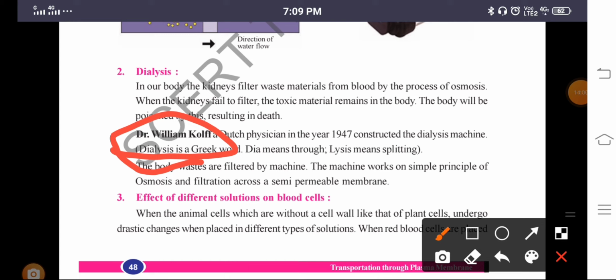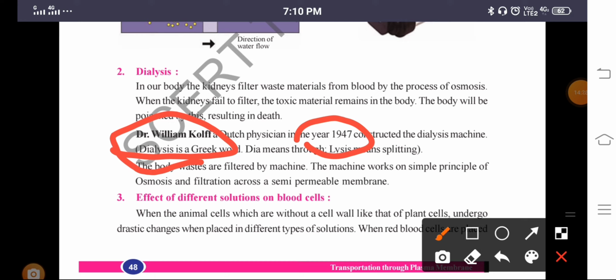He was a physician, and he conducted the dialysis machine in 1947. Dialysis is a Greek word. Dia means through, lysis means splitting. So the dialysis machine was first practiced by William Koff.